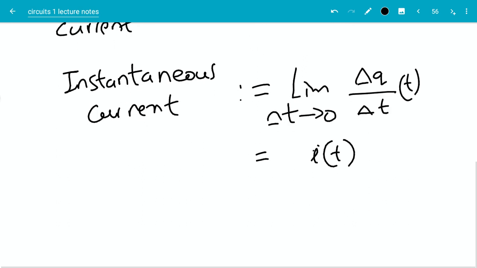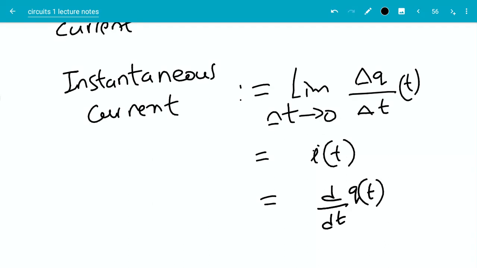According to the definition of the derivative, that limit will be equal to the derivative of q of t. You can think of dq as the amount of charge which flowed across the cross section in dt time. That means q of t is the total charge which has flowed to the other side at time t.